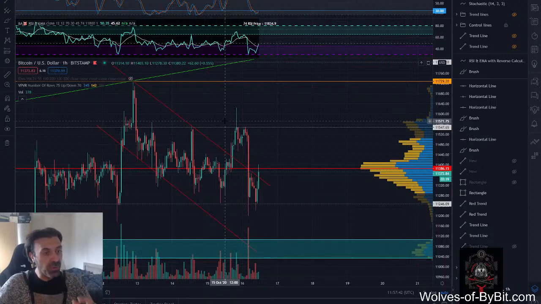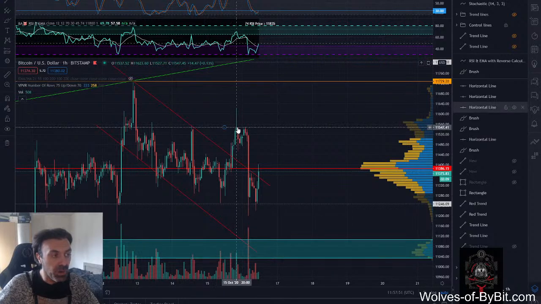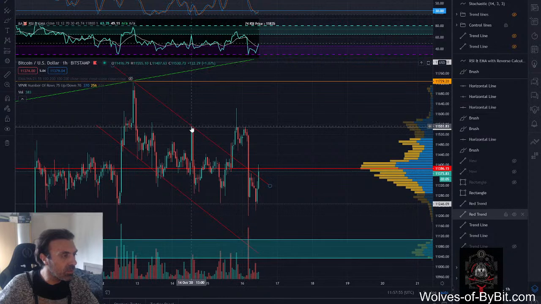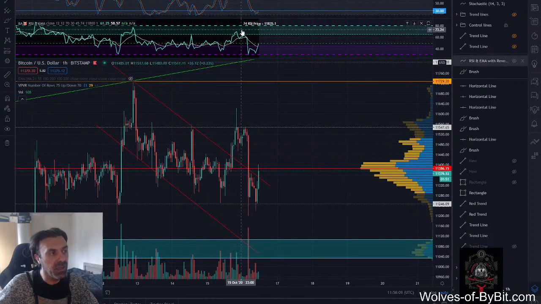The most important thing I mentioned was that if price closes lower than this one, making here a bearish divergence, that would have been bad.